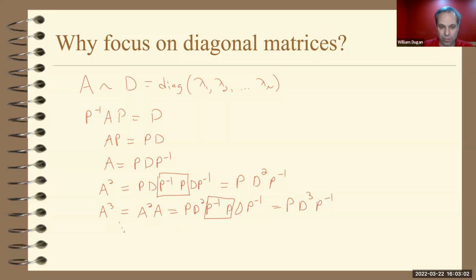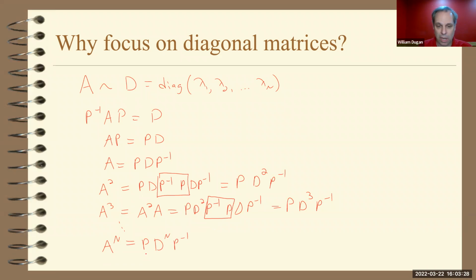So if you continue this, doing this as a form of proof would be called induction. If you take A to any integer power, the result is always P times D to the nth power times P inverse. And remember that D to an nth power is incredibly easy to do because all you do is take the powers on the main diagonal.